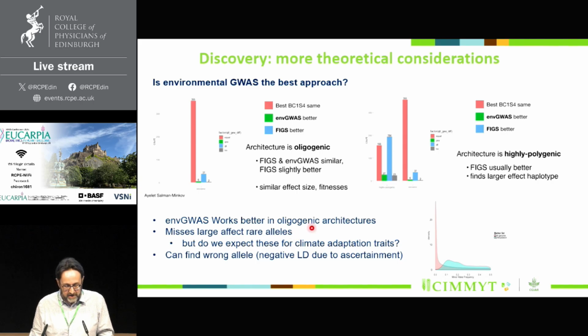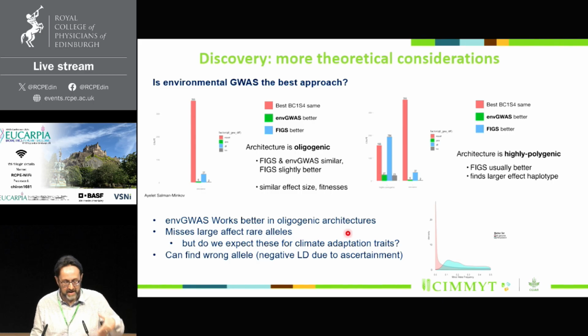There are some other challenges with environmental GWAS. We've been using quantitative genetic approaches to quantify here. It potentially misses some large rare effect alleles, but the question is, are rare effect alleles that important for climate adaptation traits? Because if it's an adaptation that's spread in dry environments in the last 10,000 years, maybe it's not actually going to be that rare.